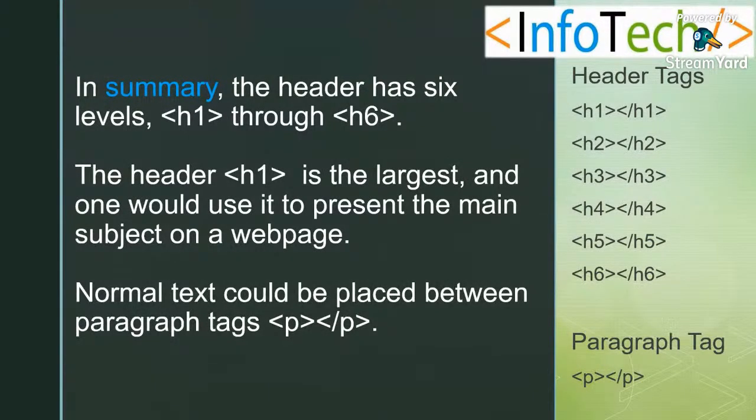You can think of paragraph tags just like you're writing paragraphs on paper. That's all the paragraph tag does, but it presents normal text that you will see on a web page. It doesn't enlarge it or make it bold. It's only to separate it from other content.